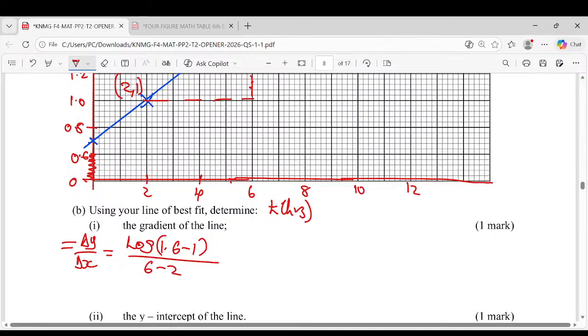It will be 1.6 divided by 1, then the log of that, divided by 4. So the answer here is 0.051.